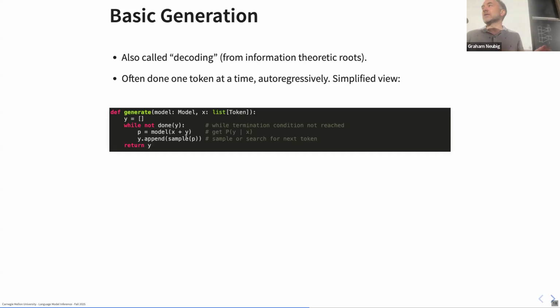In reality, we're not appending tokens like this; we're appending to a tensor for efficiency, but this is the basic idea. We'll cover many variants in the course, starting 2 classes from now. This should be familiar to everyone, I guess.